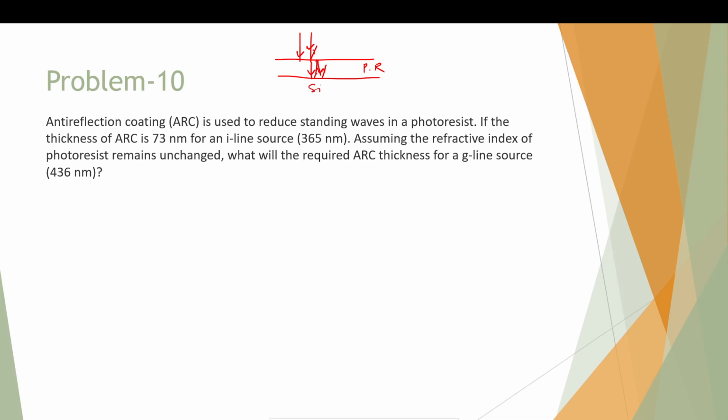So it will form like a cavity here, and because of that we will see some ripples. The PR will develop in regions where we don't want it to develop, and it will harden in regions where we don't want it to harden. Sometimes on the edges we will see some standing wave like patterns. So if this is my PR, the development won't be smooth, we will see some roughness on the edges.